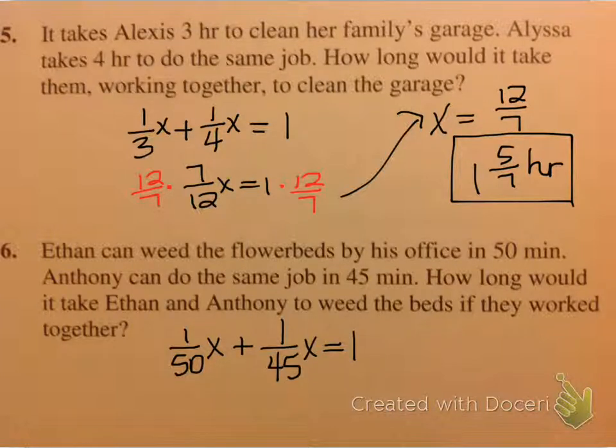When I add my like terms of 1/50th x plus 1/45th x, I get 19/450 x equals 1. Multiply both sides by the reciprocal.